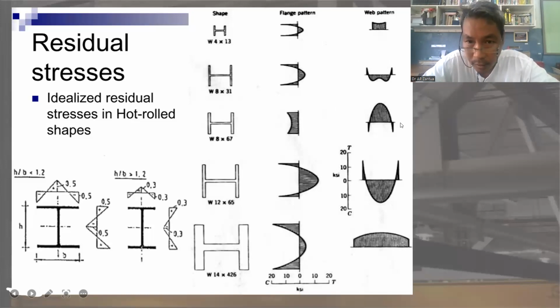So what about this? Reverse, no? We have compression, then tension, then compression. Next, we have tension. This is correct.